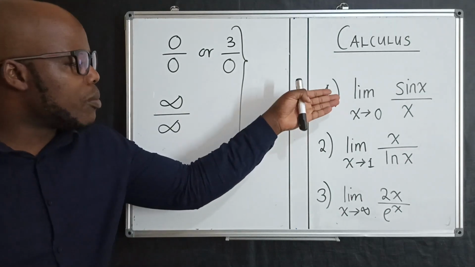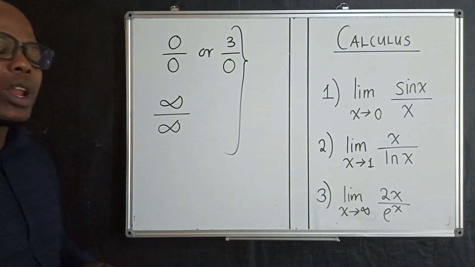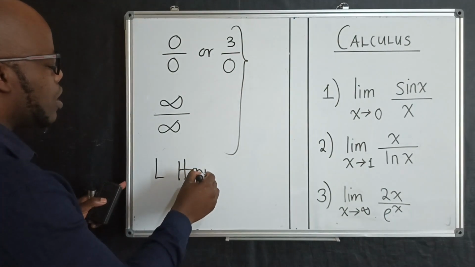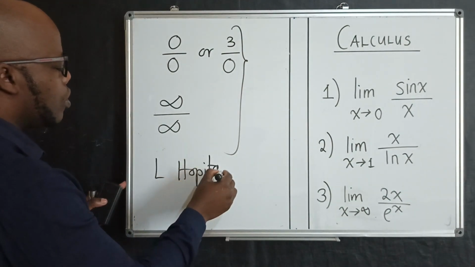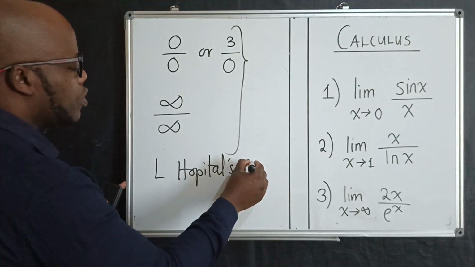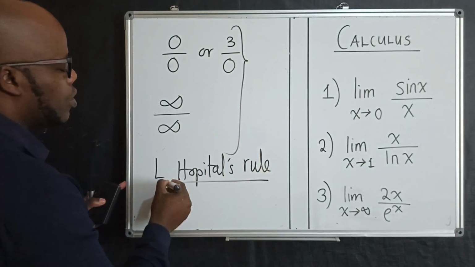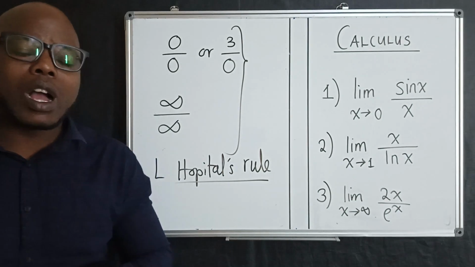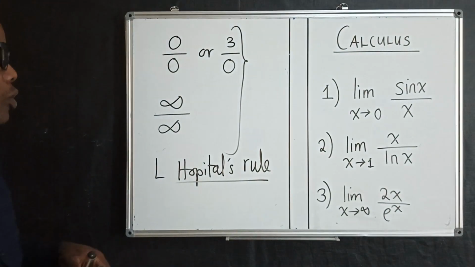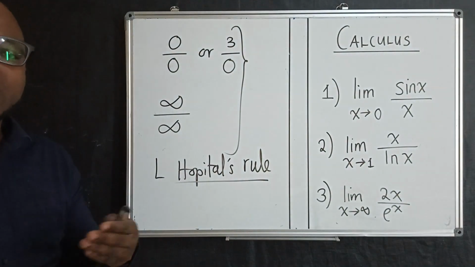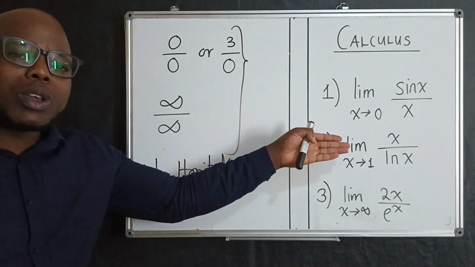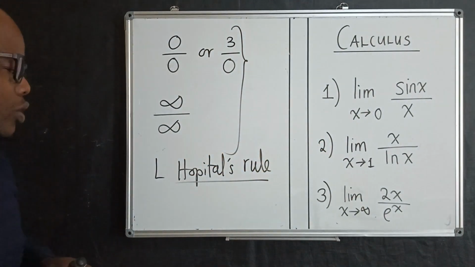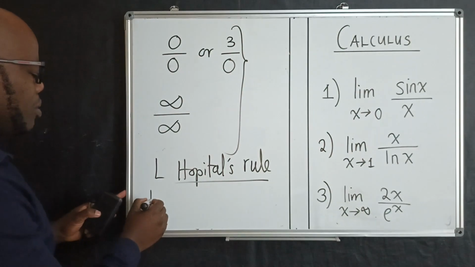And mostly when it comes to limits, you need to apply what we call L'Hopital's rule. This is the rule which we're supposed to consider or apply. This is a gentleman who came up with an idea. In case you're finding limits and you get solutions of this nature, let me write this.